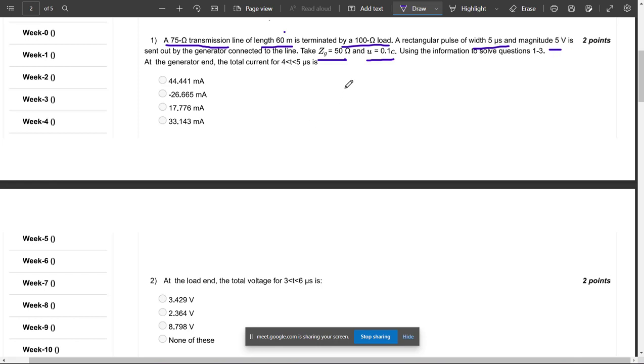So if we draw it, this is 0, 5, and this is time in microseconds, and the pulse is 5 volts.